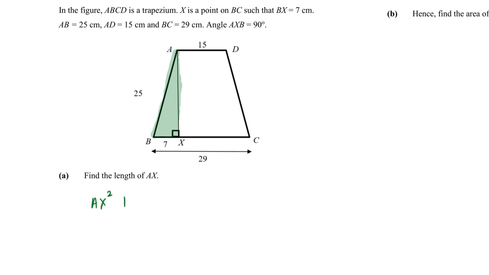AX squared plus 7 squared will be equal to 25 squared. So from here, after I apply my Pythagoras theorem, I would be able to solve for it. What do you think we need to do here? Yes, we will need to minus away this 7 squared.